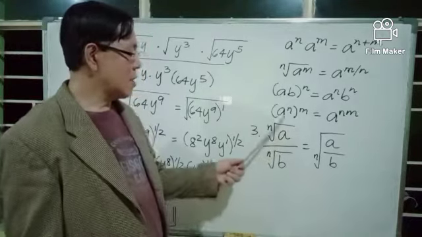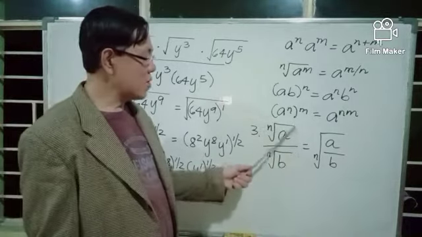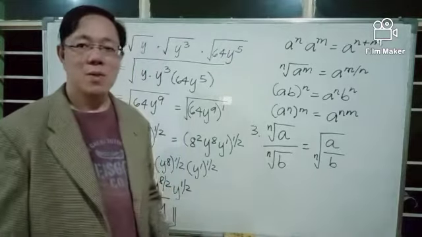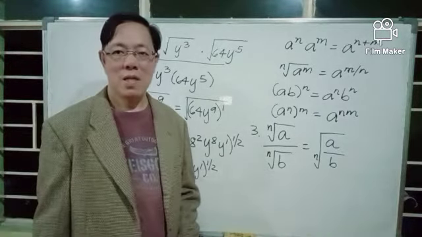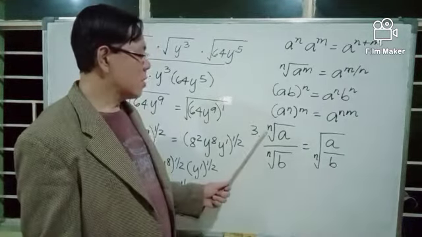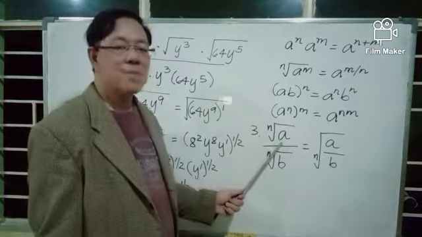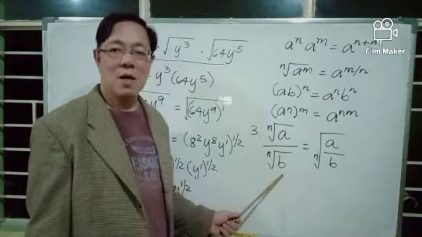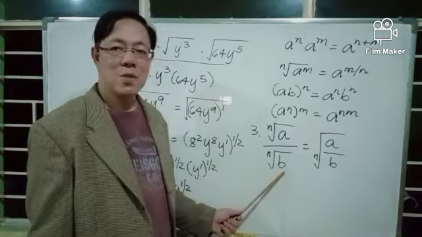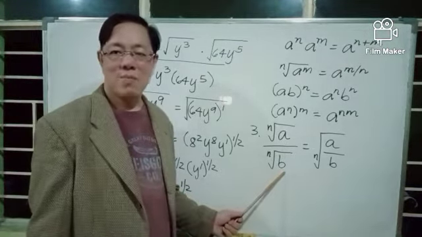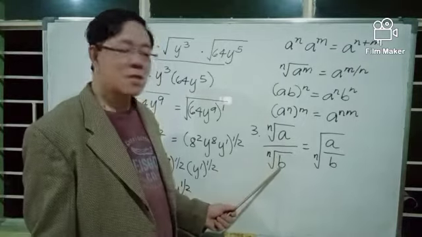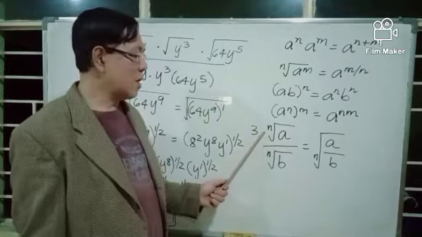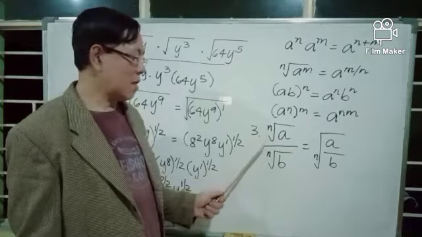In this rational algebraic expression, the numerator and denominator are radical expressions with common index n, but the radicand of the numerator a is different from the radicand of the denominator b. But it does not matter if they have different radicands. What is important here is the radical expressions have common index n.